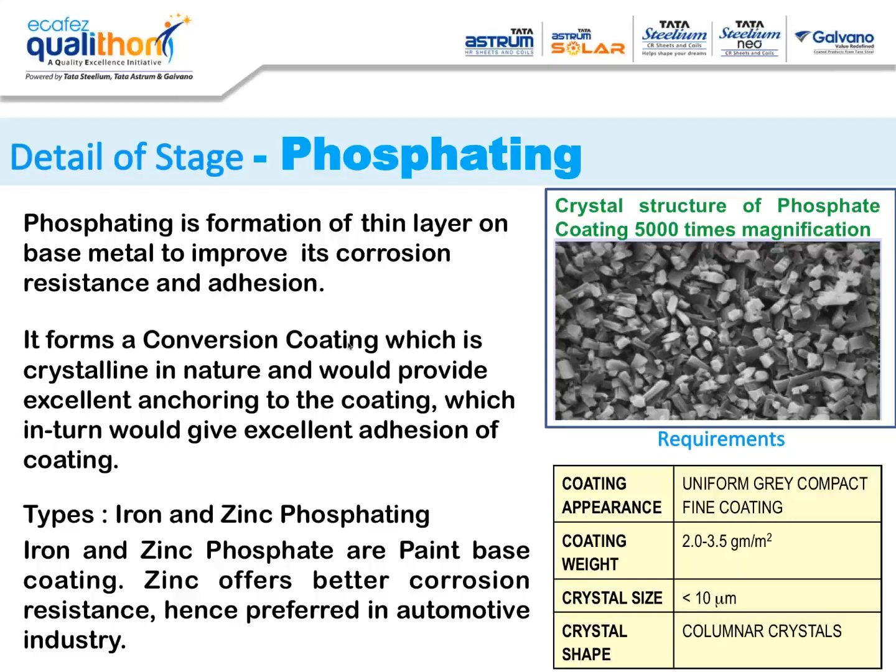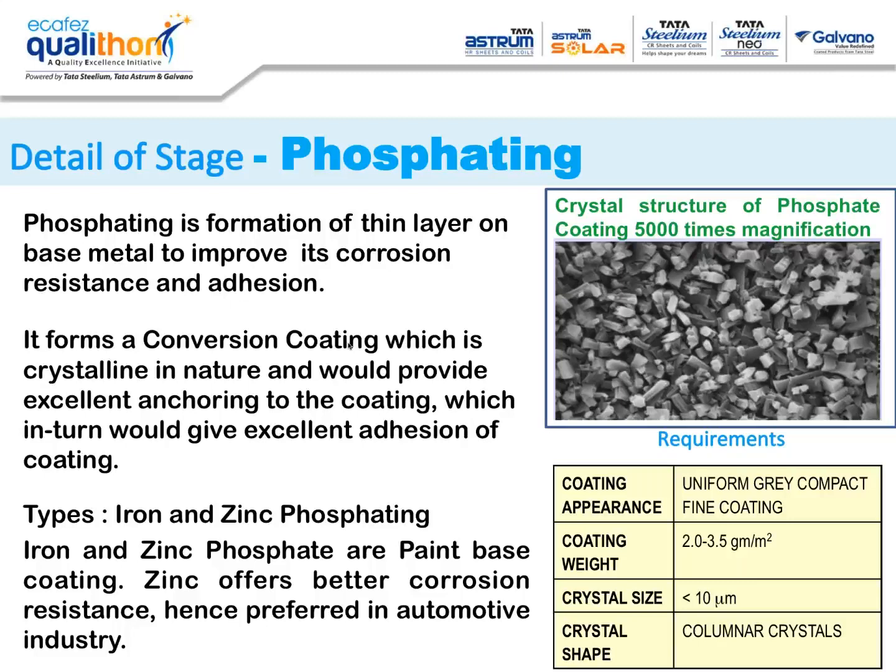Please, every month or so, make a panel, coat it with your regular system, and send it to your chemical supplier. Your chemical supplier will be able to calculate or measure the weight of phosphate on the panel, and will give you the report.